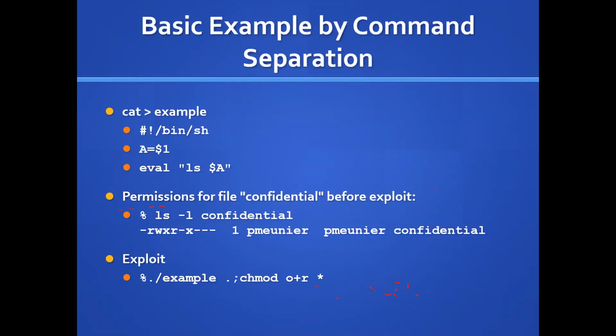All right, so this is an example as you had in the exam, right? A basic example of command separation. This is on the operating system, assuming a Linux environment. You have some kind of shell script, you can see that one over here.